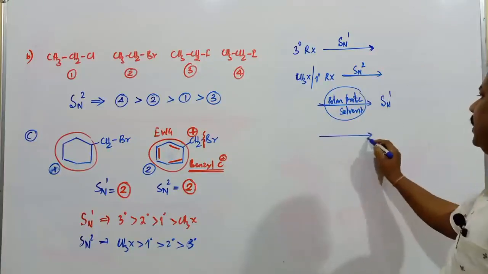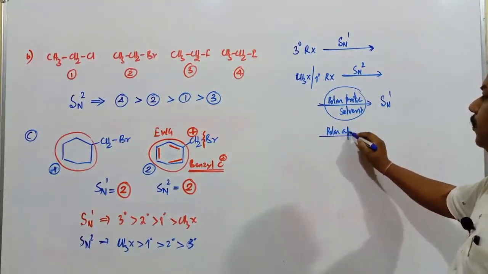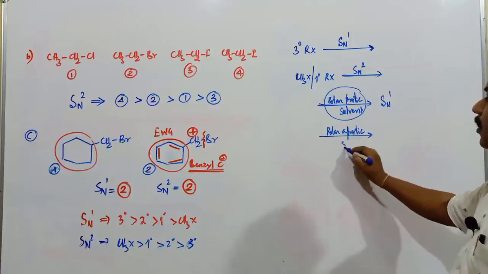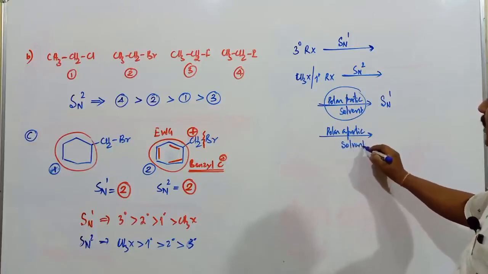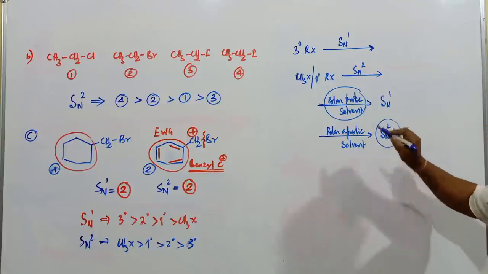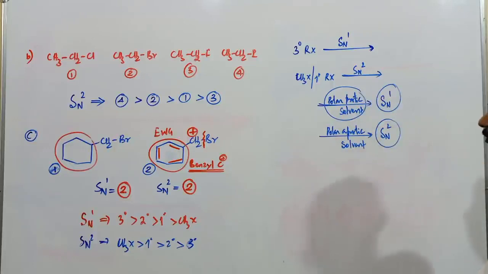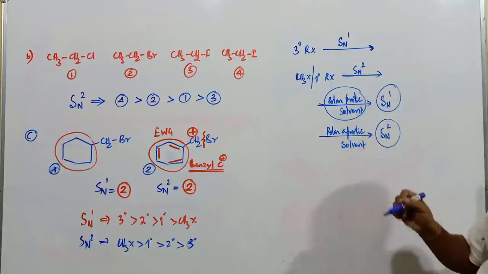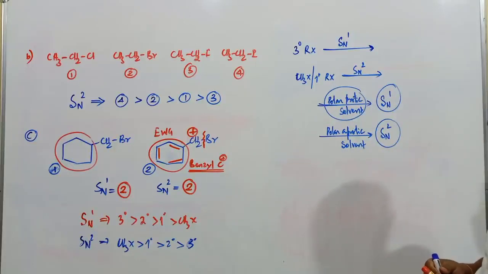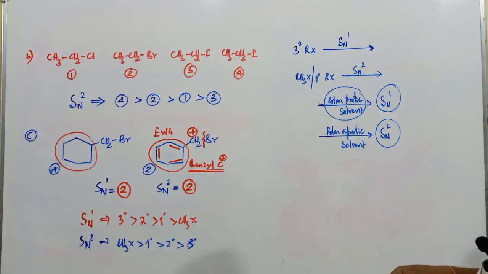And if the reaction takes place in presence of polar aprotic solvent, then the product is the SN2 product. SN1 preferably takes place in polar protic solvent, SN2 in polar aprotic solvent. This is quite common in different molecules.